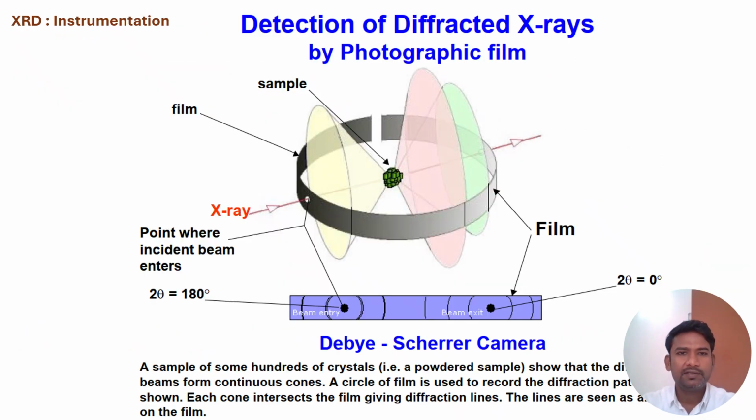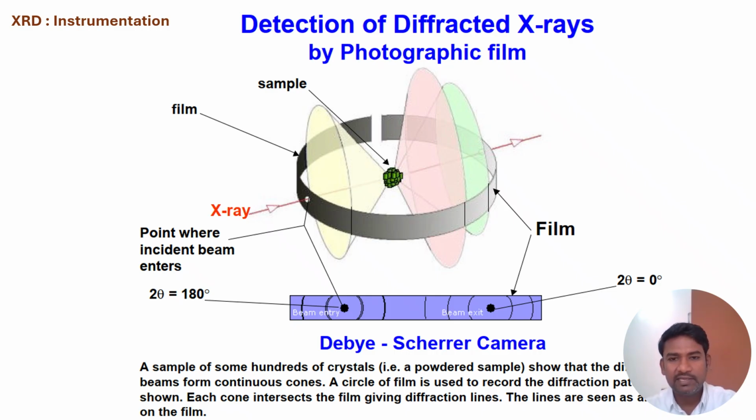Now this is the most interesting aspect, how this XRD machine works. That is the detection of diffracted X-rays by photographic film. Now let us look at this. This is the sample, which is surrounded by the photographic film, because when the X-ray strikes the sample, the diffracted X-ray has to be recorded using the photographic film.